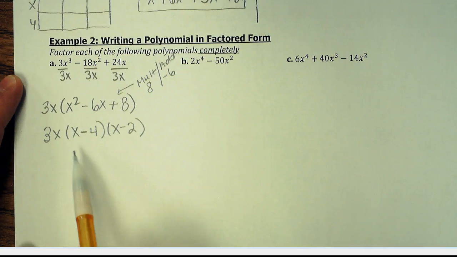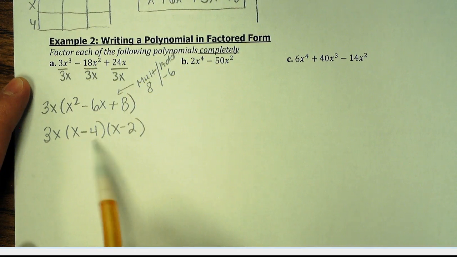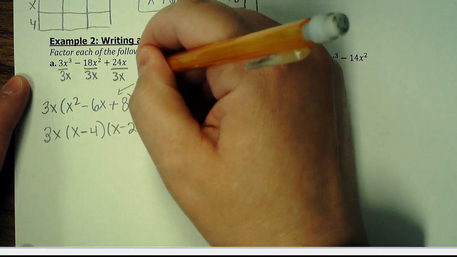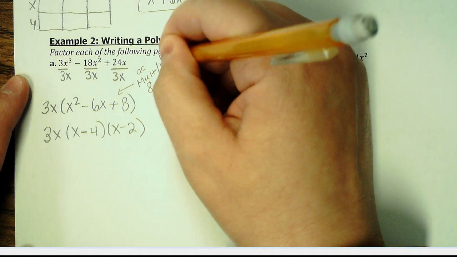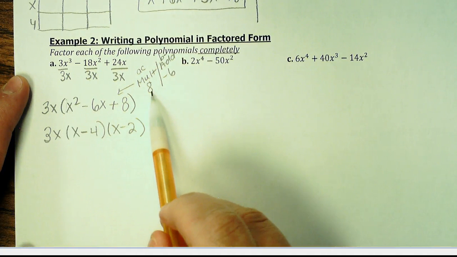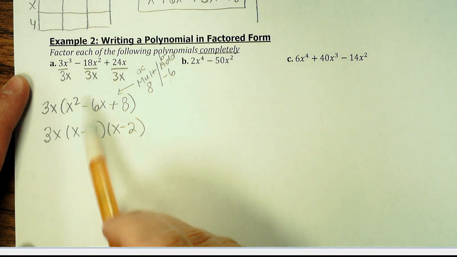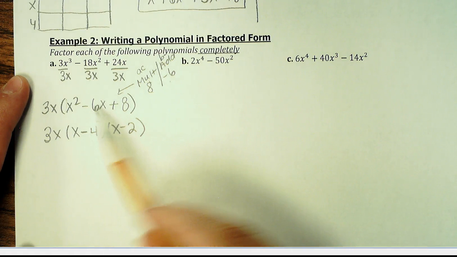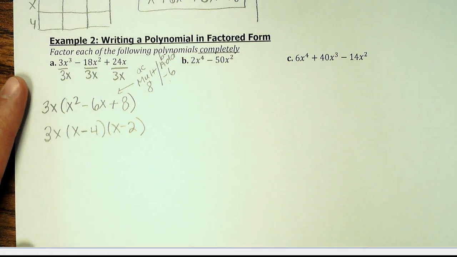All right, so -4 times -2 gives you +8. If you FOIL that back out, that'll give you the -6. So the rule for this is a times c, that add to the b value. So this would be 1 times 8, so multiply to get 8. The b value is the term in the middle, and the coefficient of x is going to be the actual b value. So for this question, that was -6.